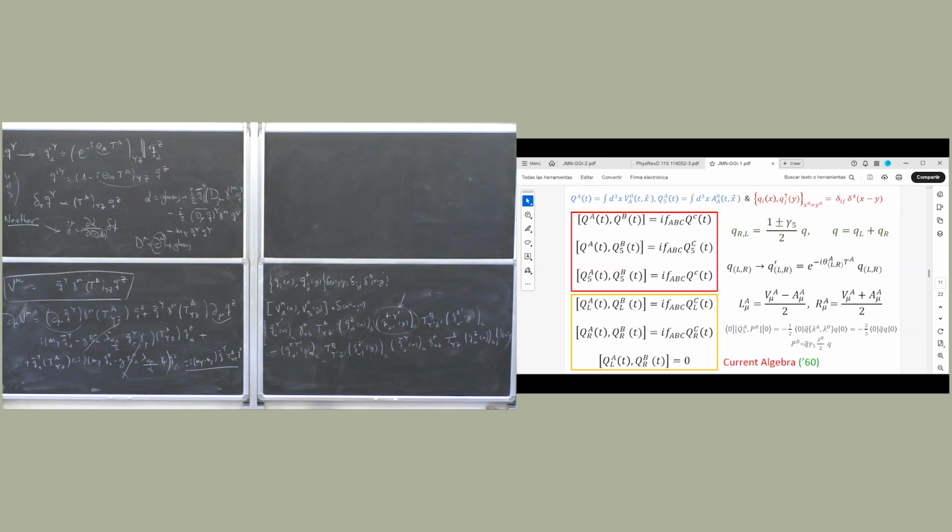I am writing this, and that's the reason why they have y0, just to make it easier, because there are two gamma zeros. In principle you would write something like Q bar, because if you look at the vector current, it's Q bar, but because it's the zero component, you have a gamma zero, and then Q bar gamma zero gives you directly Q dagger.